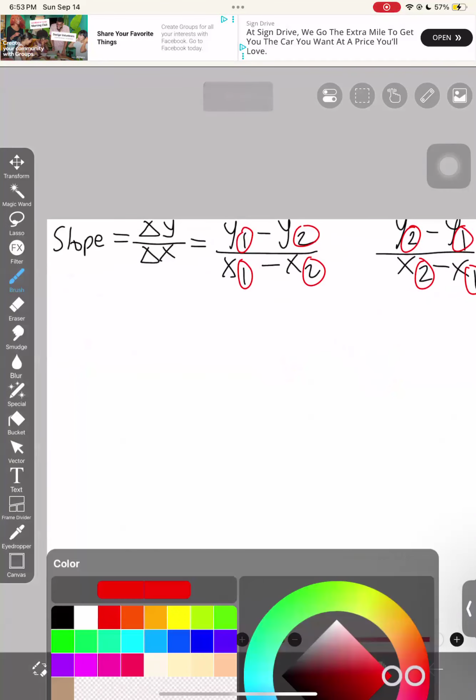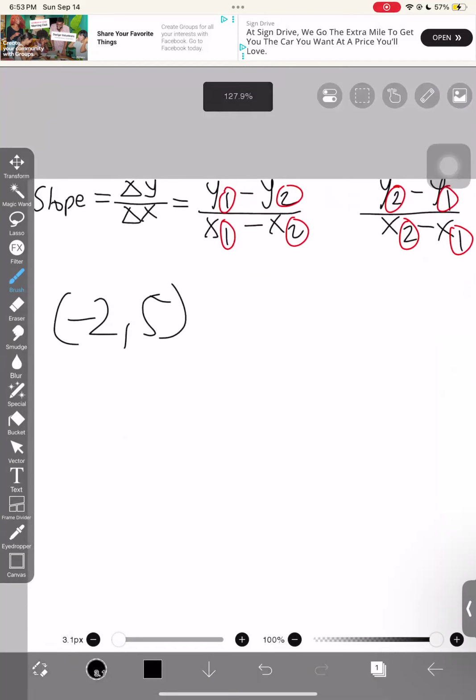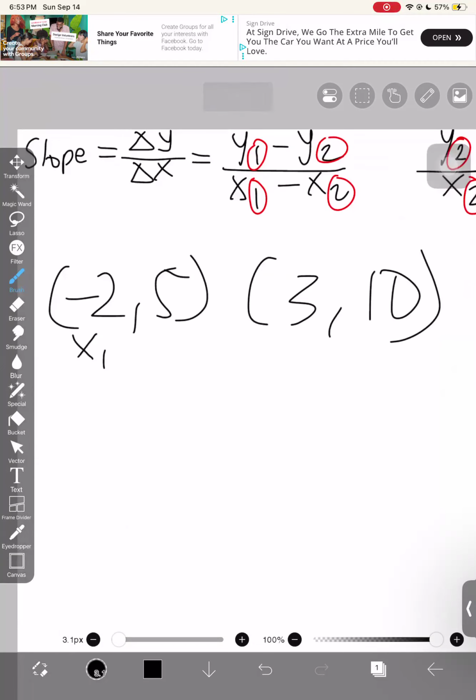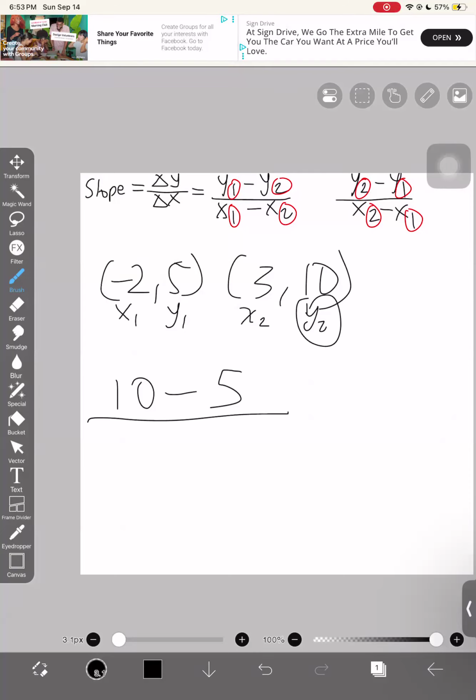So let's look at an example. Right, find the slope of points. So if I want this to be, right, all we have to do is just do, and notice as I'm doing this one, I have to do that one as well.